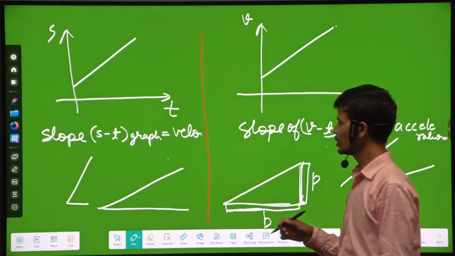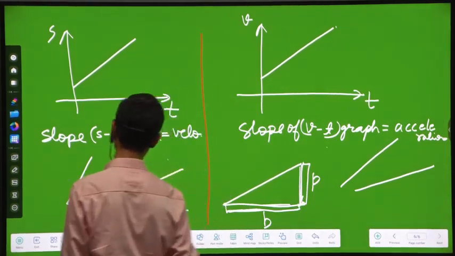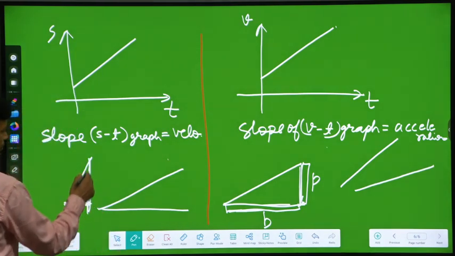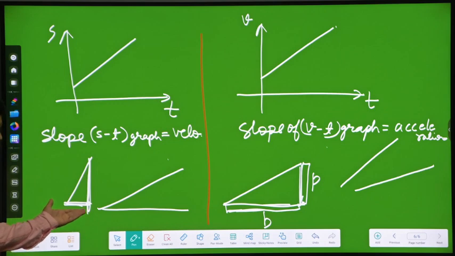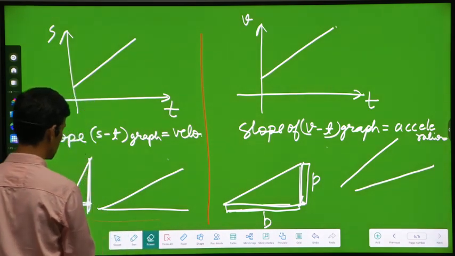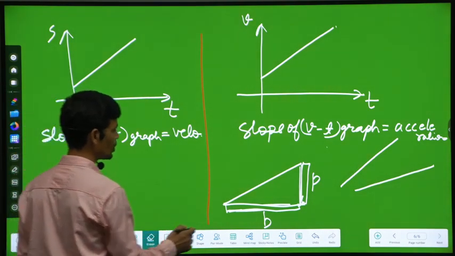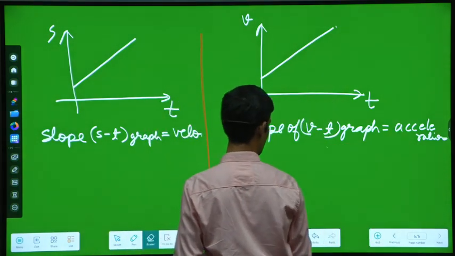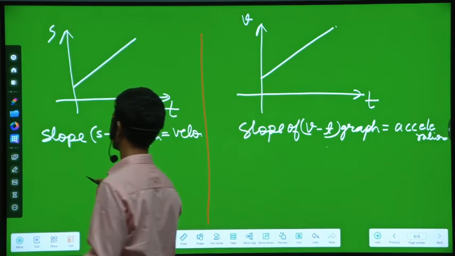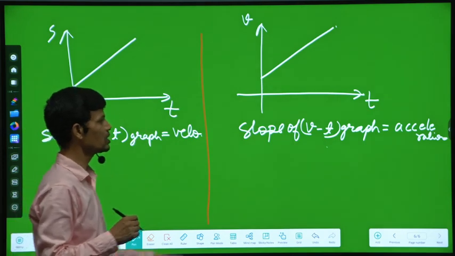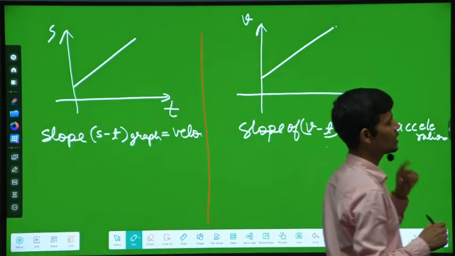So this is slope, and we find it as perpendicular upon base. If the slope is more, you can see it just by observation, or you can even calculate it. So slope is just a geometrical concept. But if we are finding slope in an ST graph, then it becomes velocity. In a VT graph, it becomes acceleration.